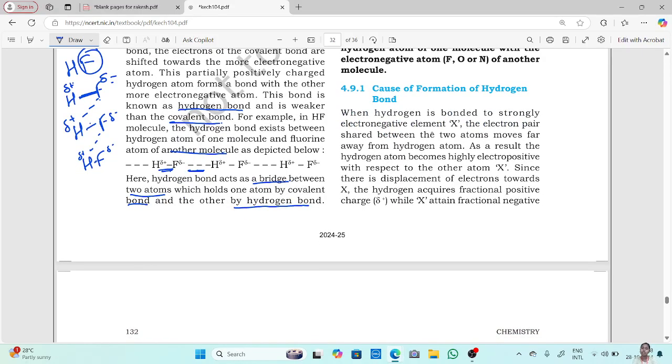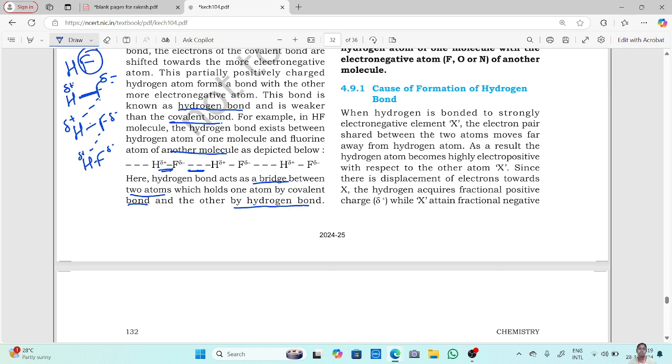When hydrogen is bonded to a strongly electronegative element, the electron pair shared between the two atoms moves far away from the hydrogen atom, as I told you in the HF molecule example. Fluorine being highly electronegative, the electron shared by hydrogen is pulled more towards fluorine, and hydrogen feels less of its electron.